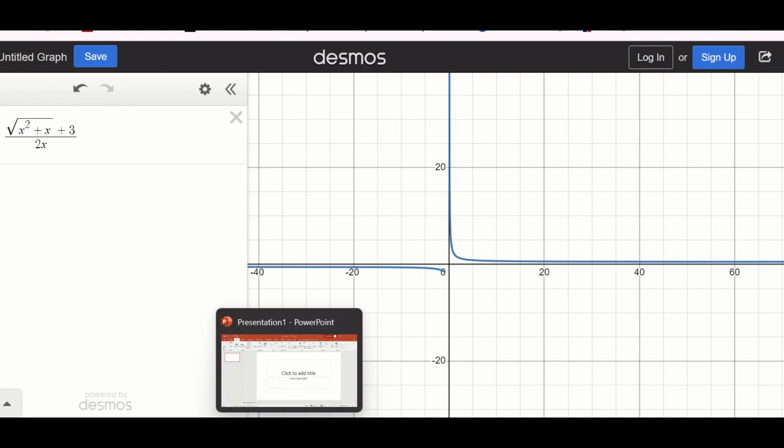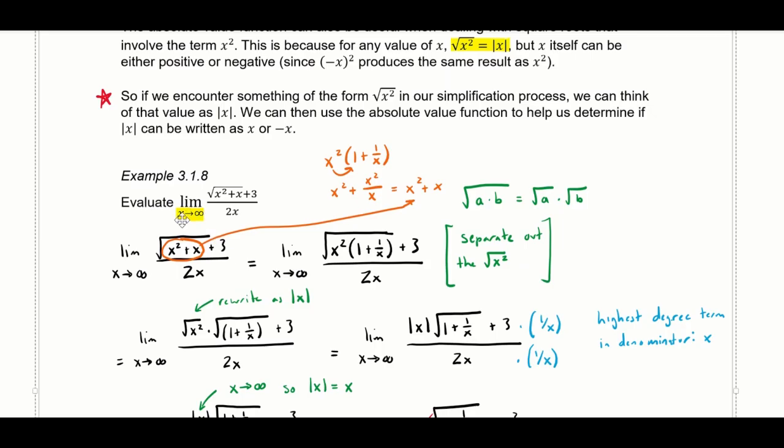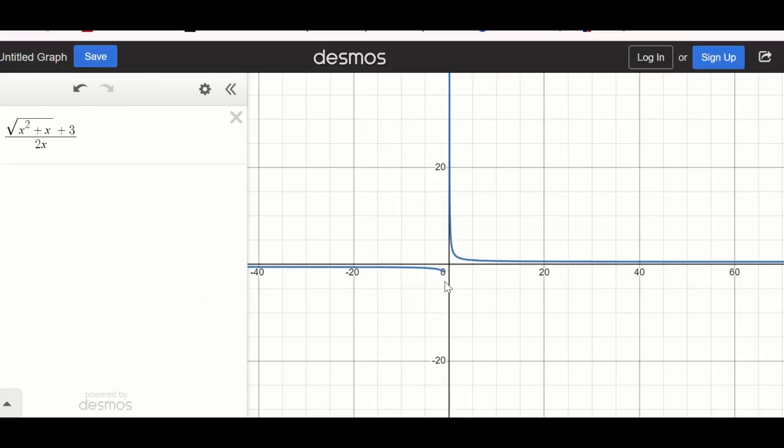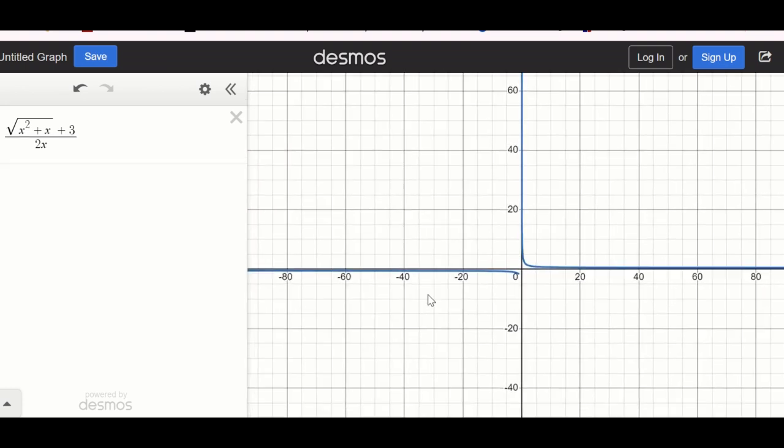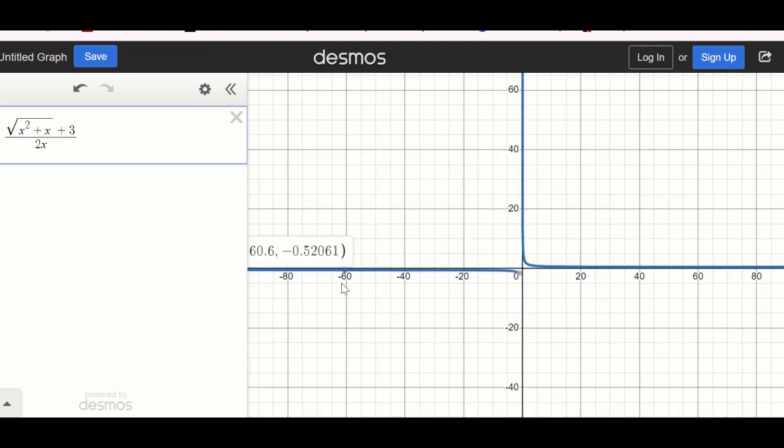Now, if we think about the other direction, say the limit as x goes to negative infinity, what's that going to be? Well, visually, we can see that that's going to be this side of the graph, and it looks like it's going to be negative 1/2, which matches what we just did with the absolute value function.